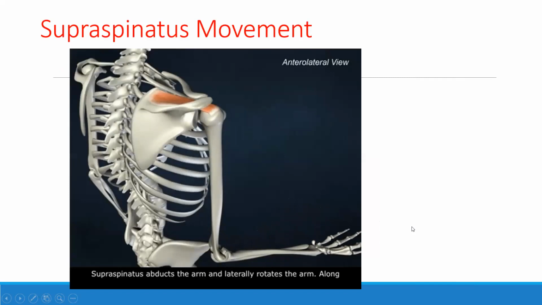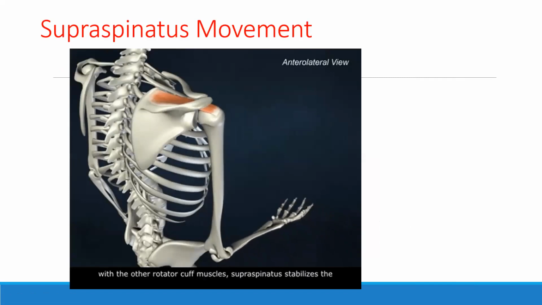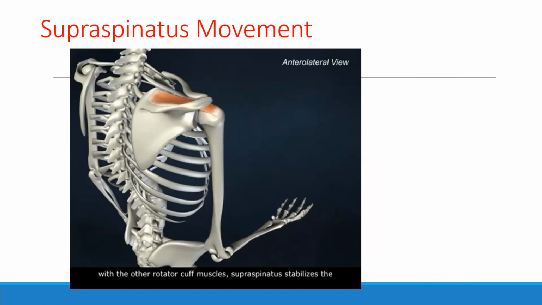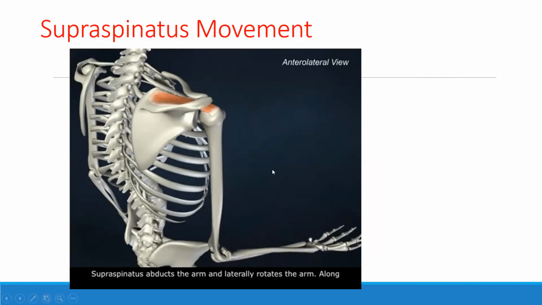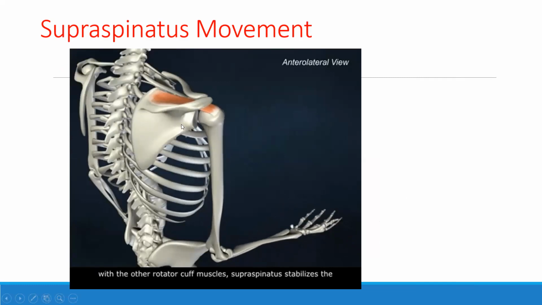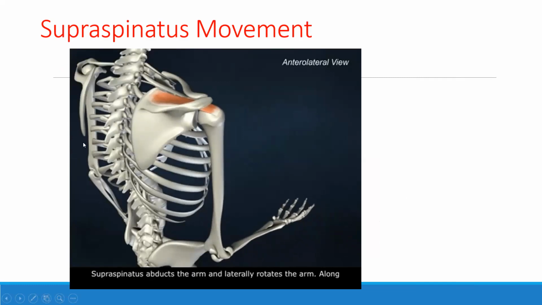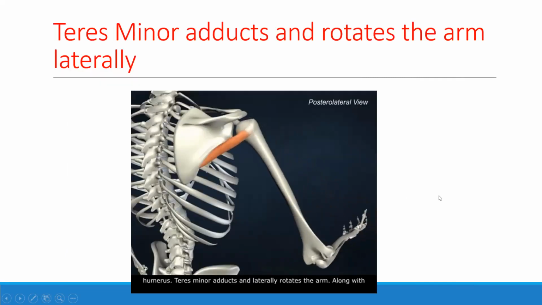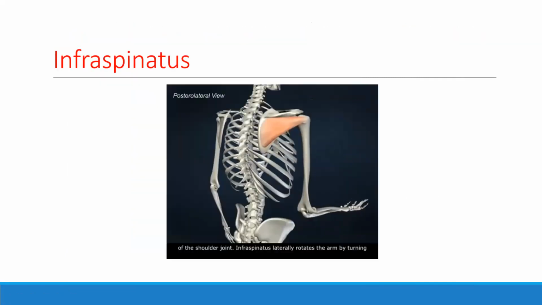So here we see the supraspinatus. It pulls in different directions. It pulls on the top of the humerus, and it can cause it to move in just about any direction. Because we've also got the teres minor and the infraspinatus located here, pulling backwards too. There's the teres minor right there. There's the infraspinatus right there, both pulling. And remember, these muscles don't operate in a vacuum.